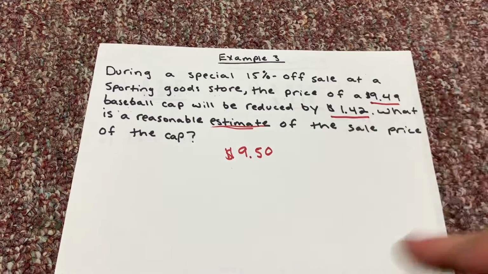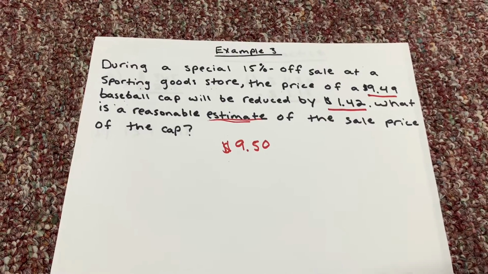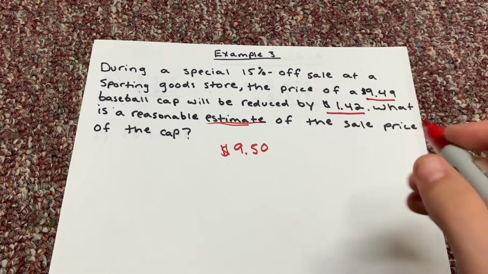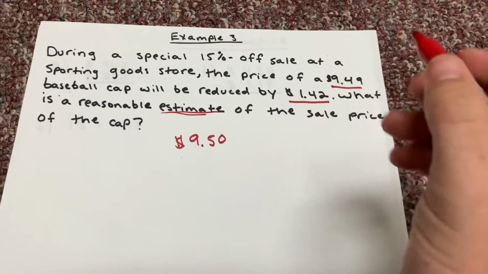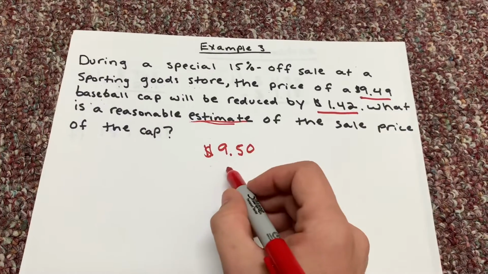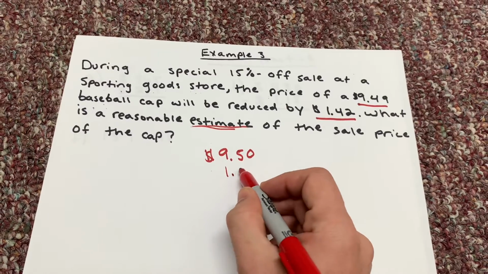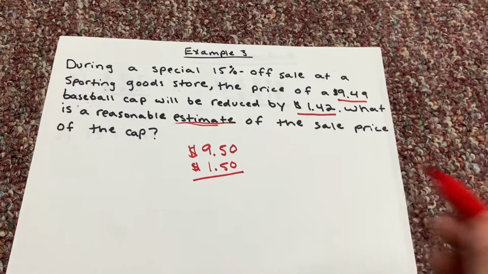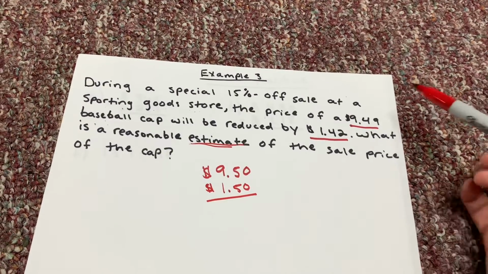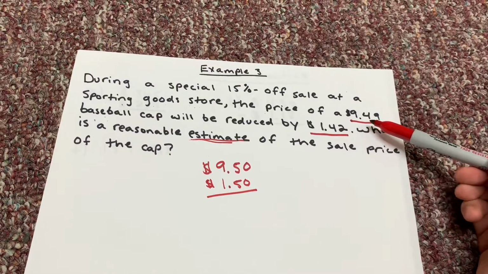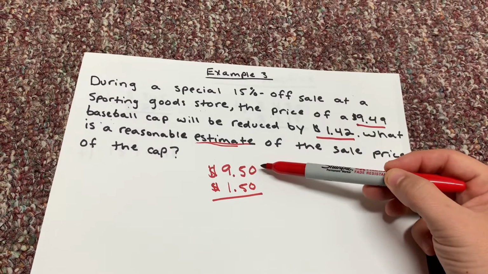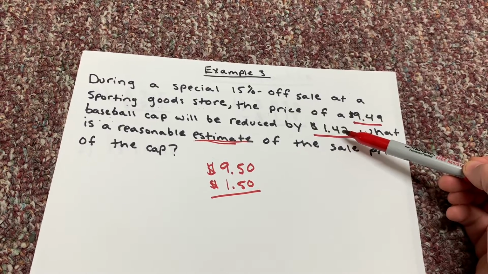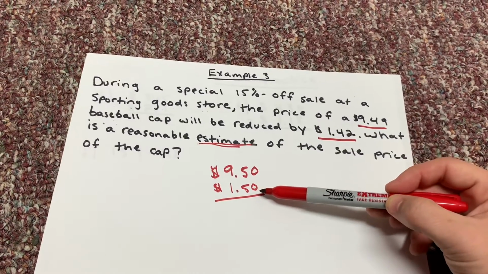It doesn't say what to round it to or estimate it to, so I'm going to go where I feel I can give an easier way of estimating it, which I'm going to round or estimate $1.42 to about $1.50. So again, I'm going to find the difference now of this cap. So I estimated $9.49 to $9.50, and I took $1.42 and estimated it to about $1.50.